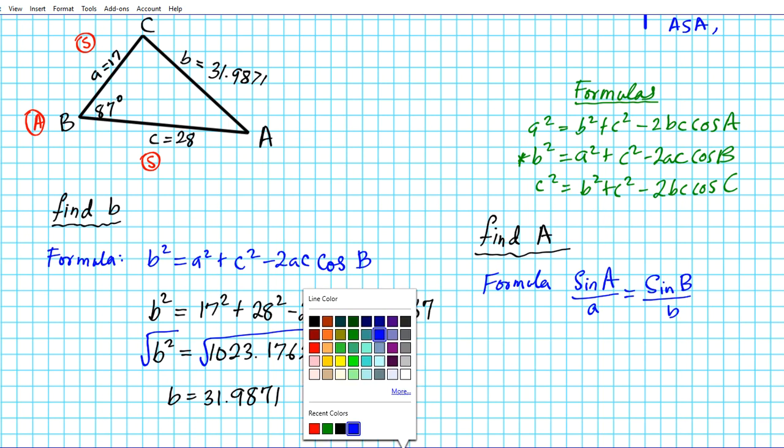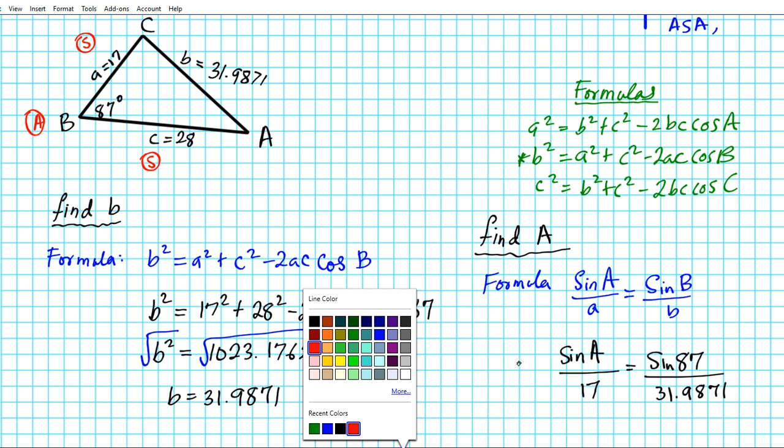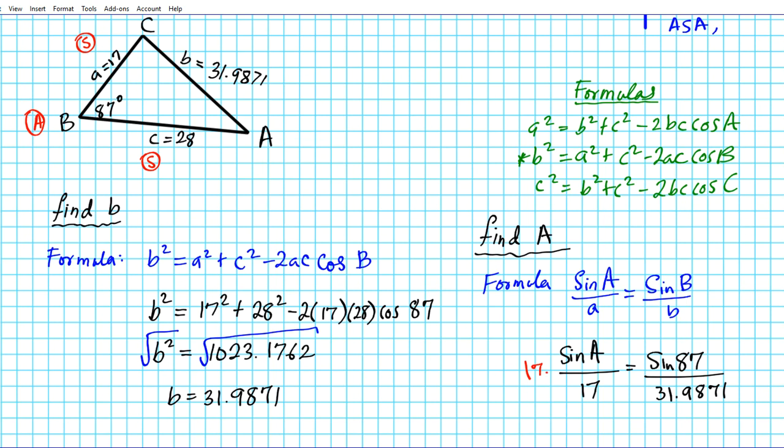Alright, when we carry out our substitution, we're going to have sine of big A, the unknown, divided by little a, which is 17, equals sine of big B, 87, divided by little b, what we just found, 31.9871.